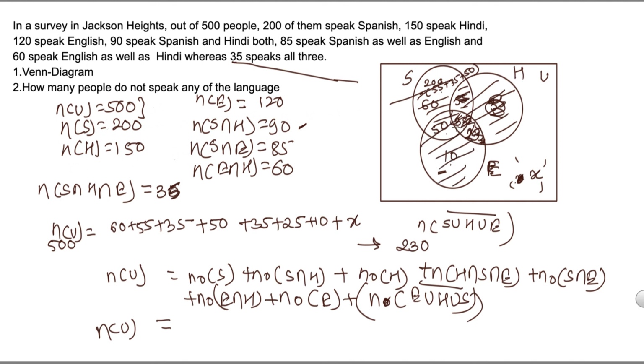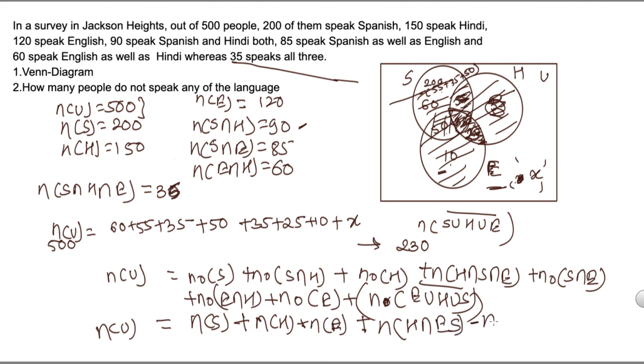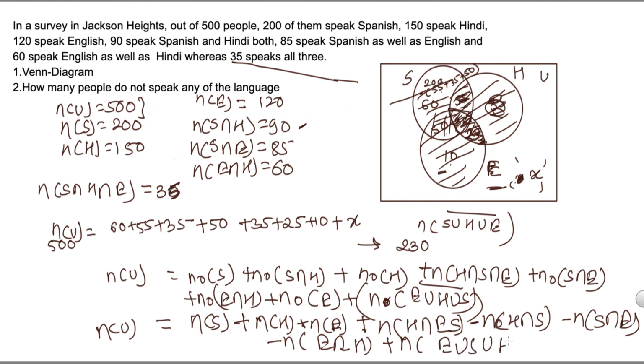Since I add all the regions, these regions are included twice, so I subtract them, and then since I subtracted this region, I have to add this region again, plus this region will be our U. So it will be n(S) plus n(H) plus n(E) plus n(H intersection E intersection S) minus n(H intersection S) minus n(S intersection E) minus n(E intersection H) plus n(E union S union H) complement.